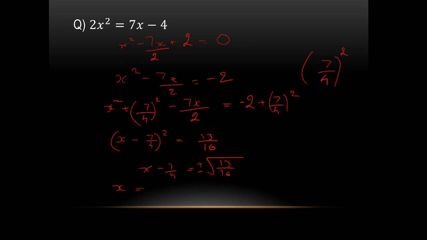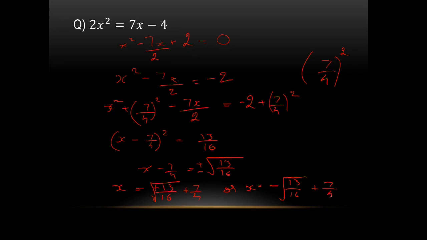So x is equal to plus square root of 13 by 16 plus 7 by 4, or x is equal to minus square root of 13 by 16 plus 7 by 4.